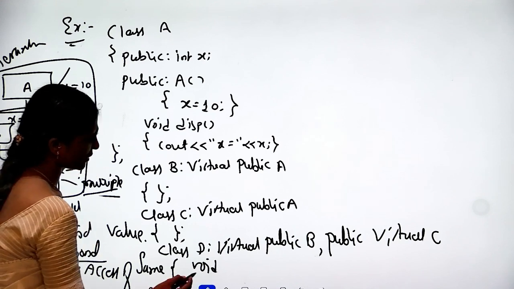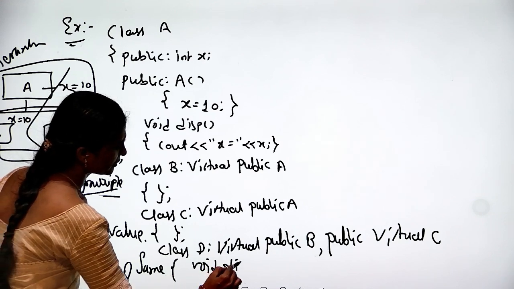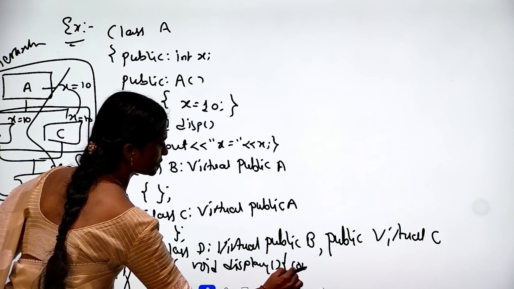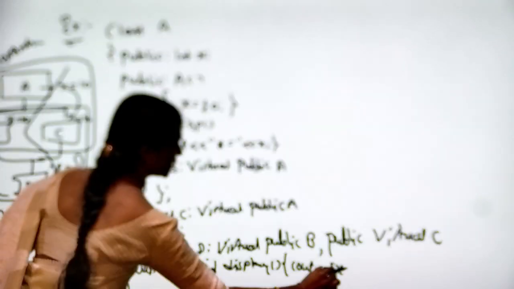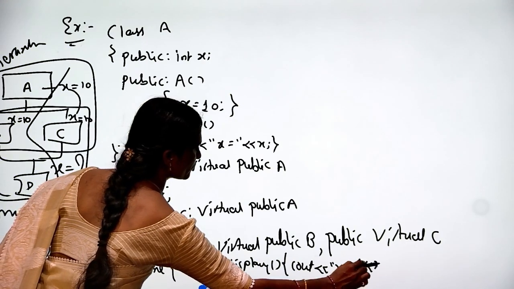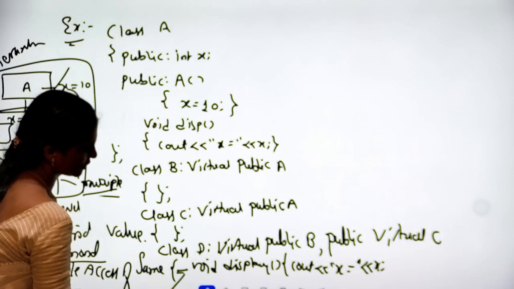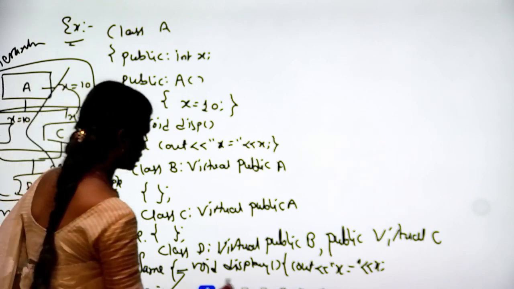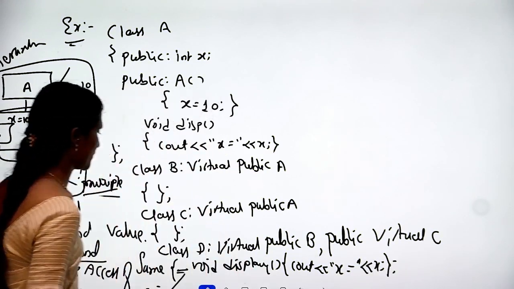We will take either public, private or whatever it is. Cout x is equal to this. If no visibility mode is given, it is private by default. Okay, so close the class.